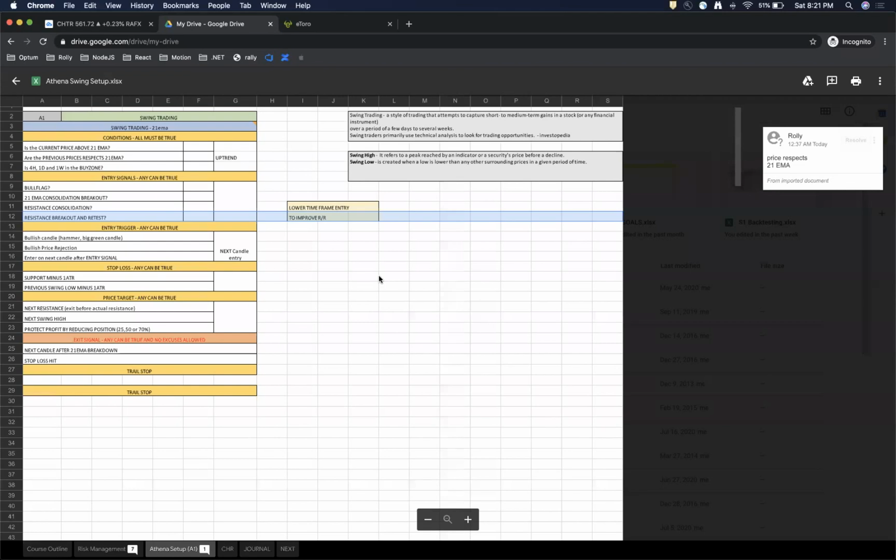So, pag nakakita ka nun, the next candle will be your entry. You can enter the next candle. So, as I said here, enter on the next candle after the entry signal. Your bullish price rejection is the trigger, and you buy or you sell on the next candle. Okay?